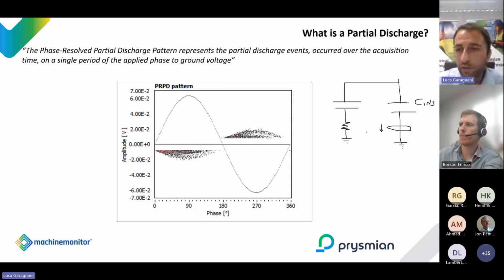Both sensors have a polarity, right? The polarity is the way you measure the voltage on the sensor, from here to ground. That is how the sensor measures in the oscilloscope.